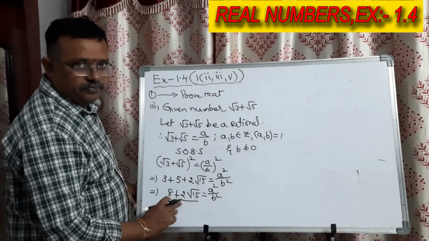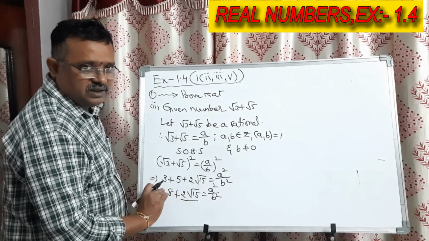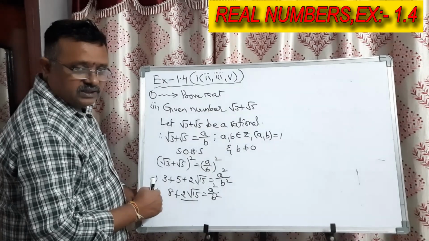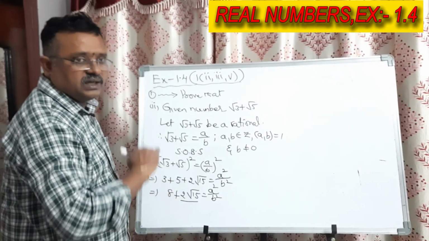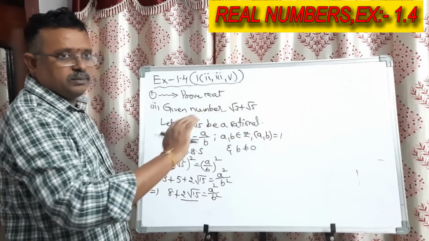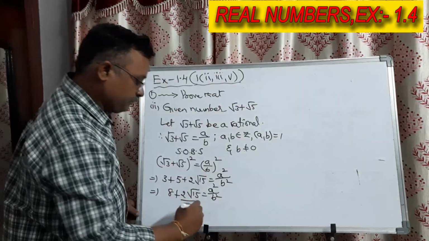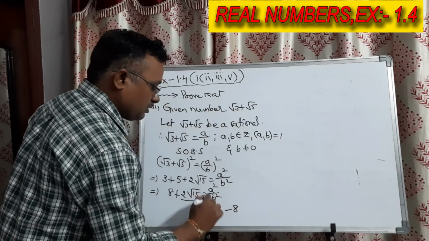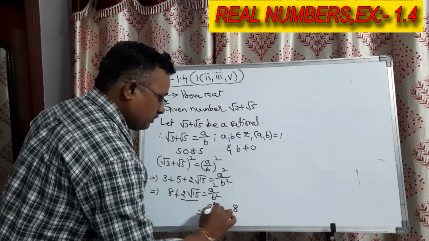The second term remains as it is, and send the first term to the other side. Remember this: 8 means its sign is actually plus 8. Send that plus 8 to the right side, automatically it will subtract on the other side. So it is equal to a square by b square minus 8.